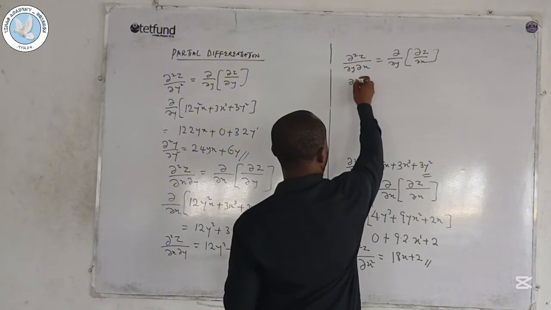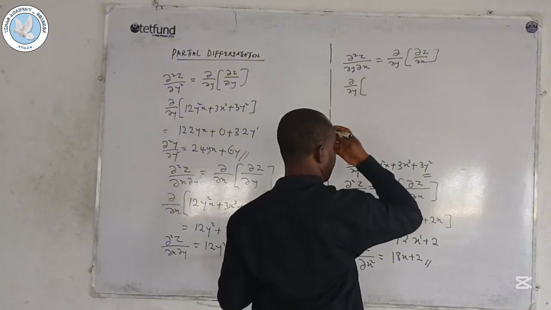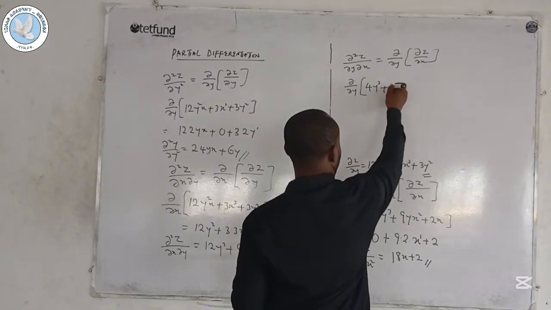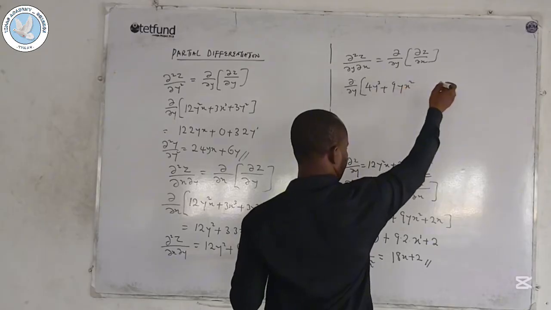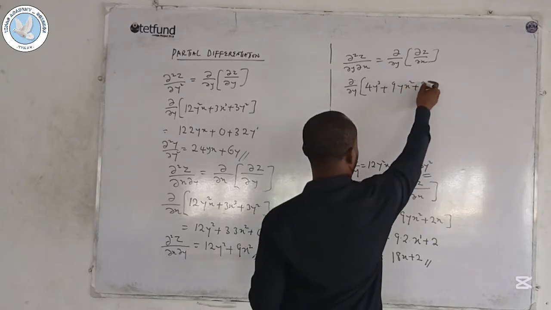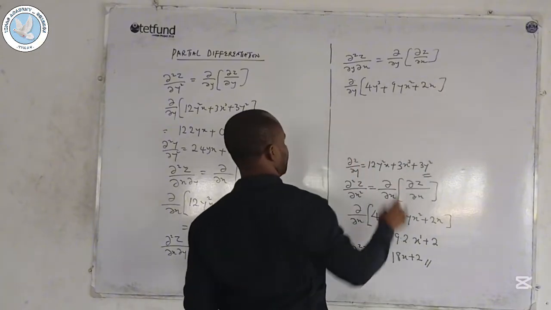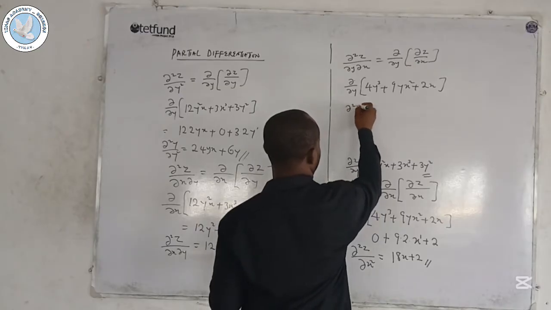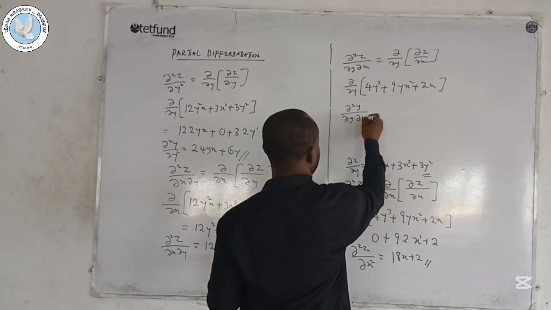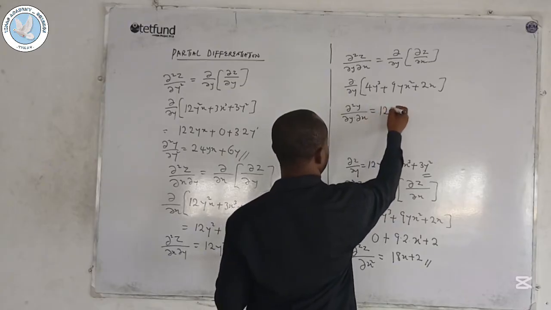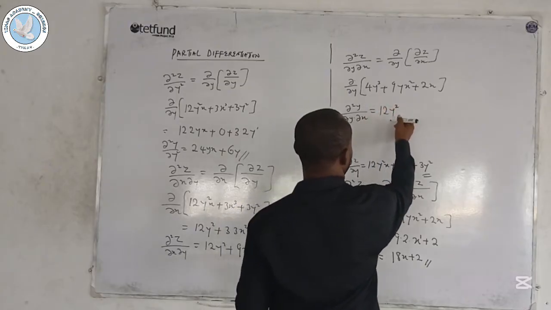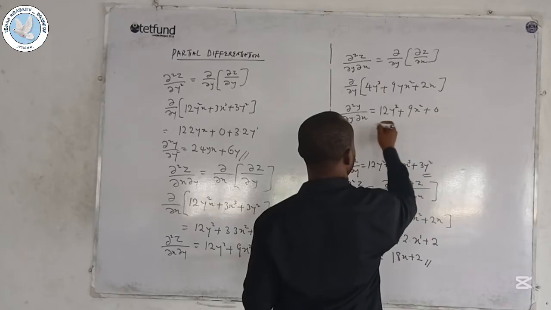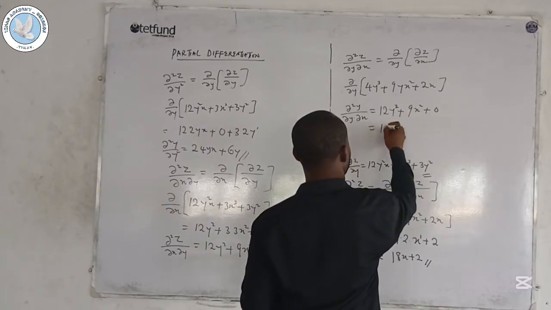So this is going to be 4 this plus 9 plus this. So differentiating this with respect to y is going to be having this dy dx is going to be 12. This is reduced to 2, and this is 9 plus 0. So that is giving us this.